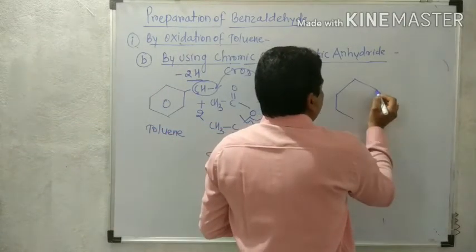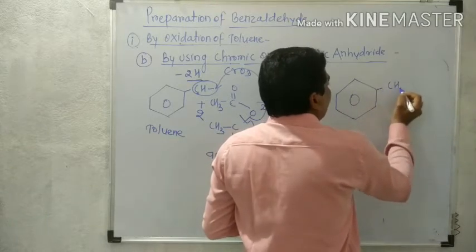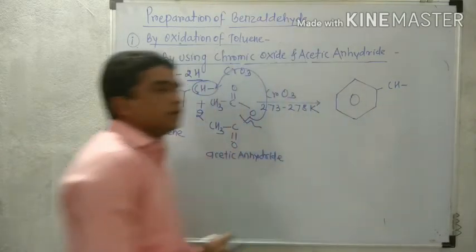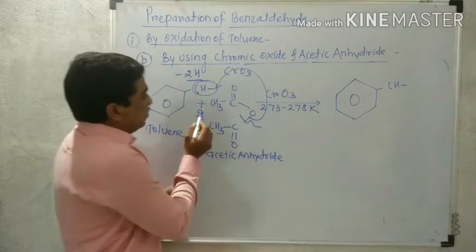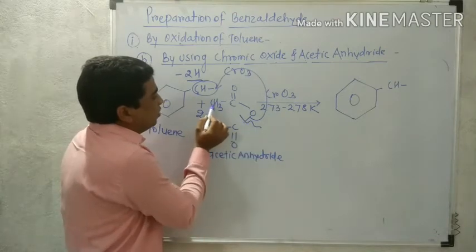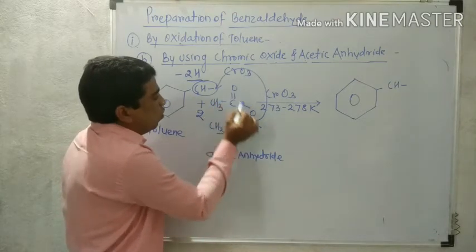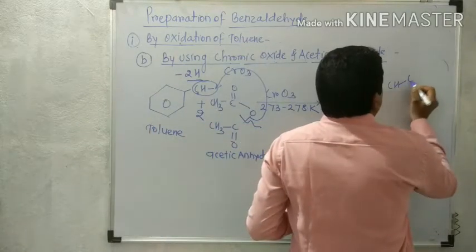Therefore, after removal of two hydrogens, CH3 is converted to CH. Then from the two molecules of acetic anhydride, two CH3COO groups get attached to this CH.